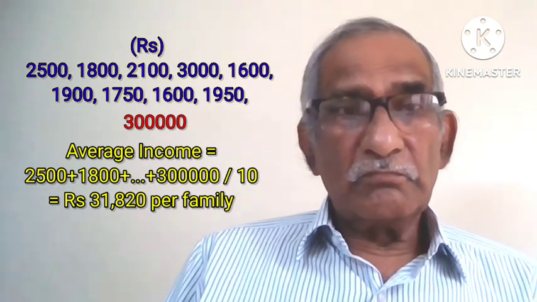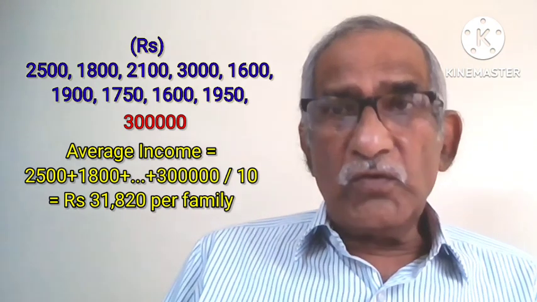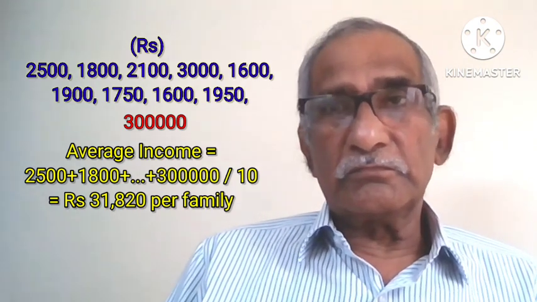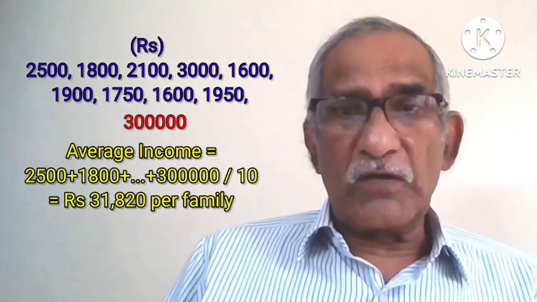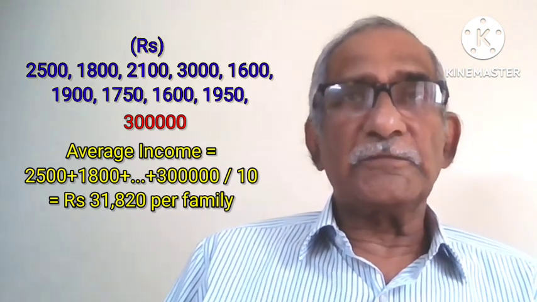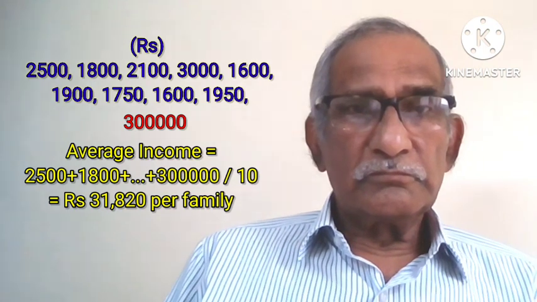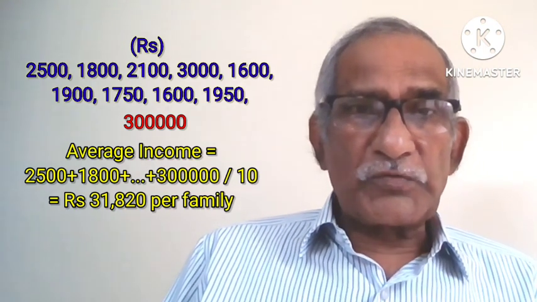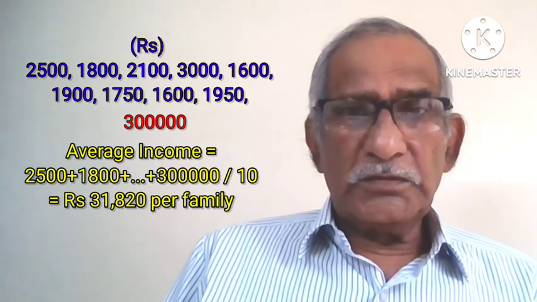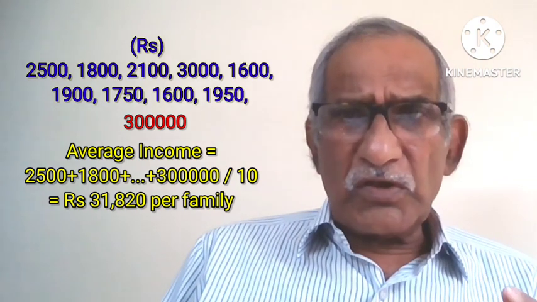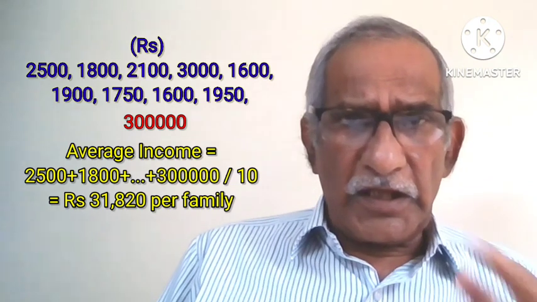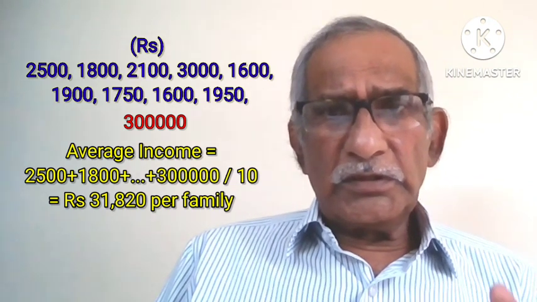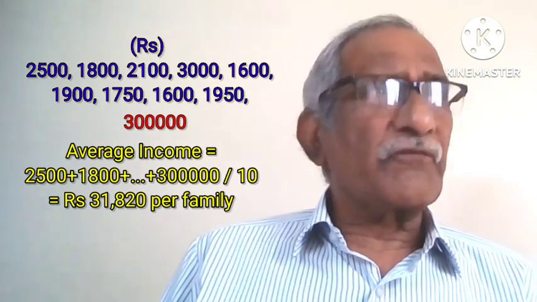Here, the value of arithmetic mean gives a false picture of the income of that area. It has gone up so high just because of one family having very high income in comparison to the incomes of other families.